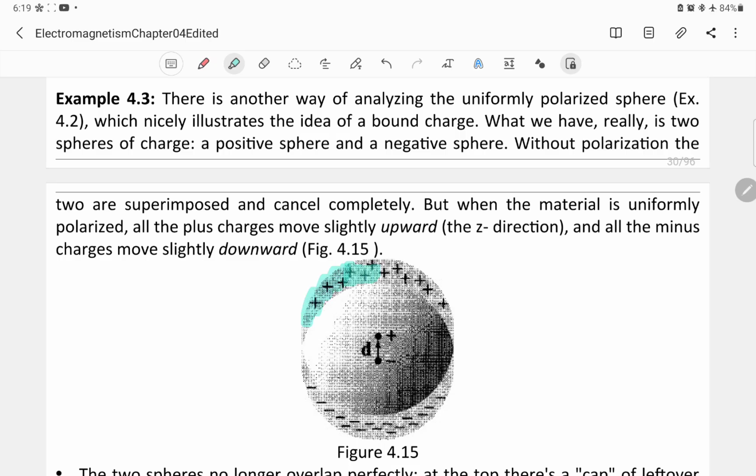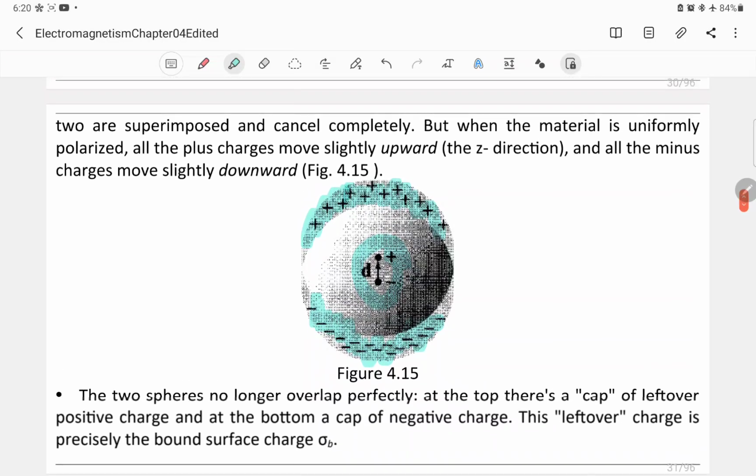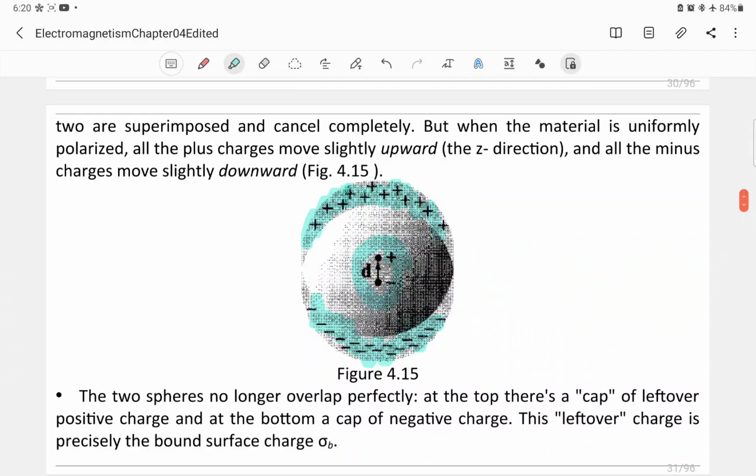All the positive charges are here and the negative charges would be here, and they're now separated by distance d. So the two spheres no longer overlap perfectly. So you have a cap of positive charge above and a bottom cap of negative charge below.